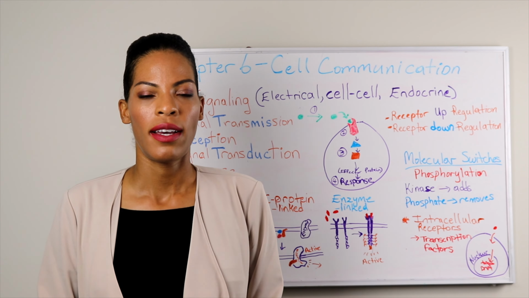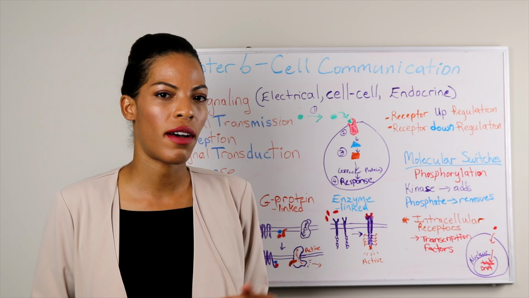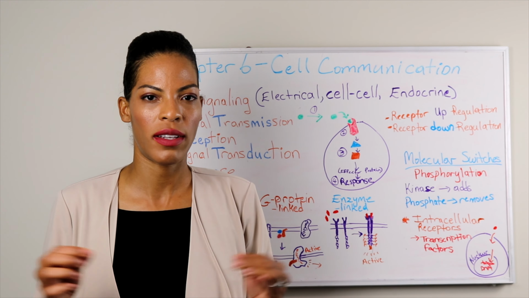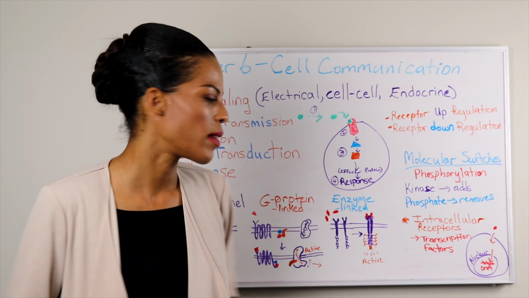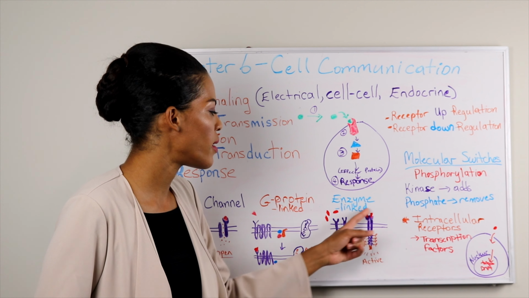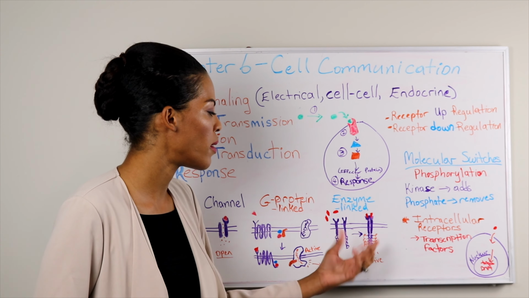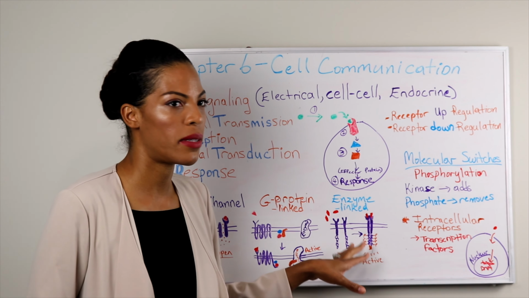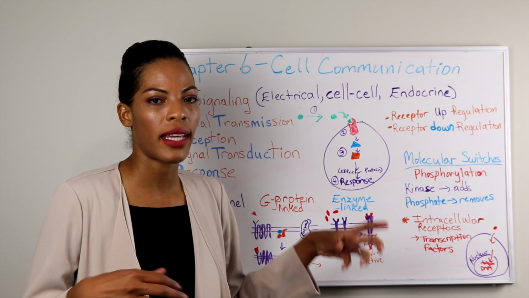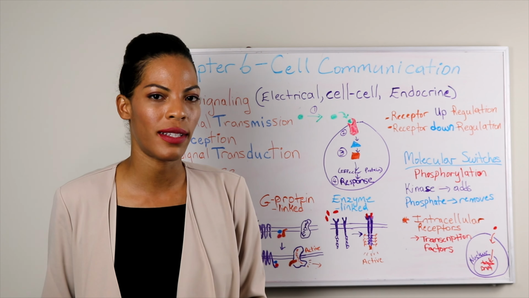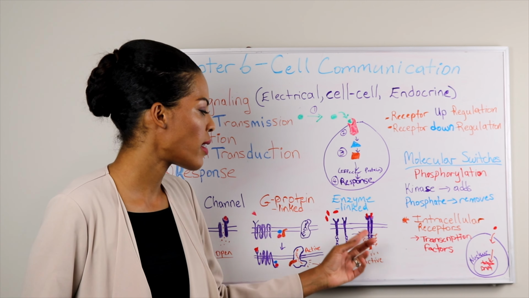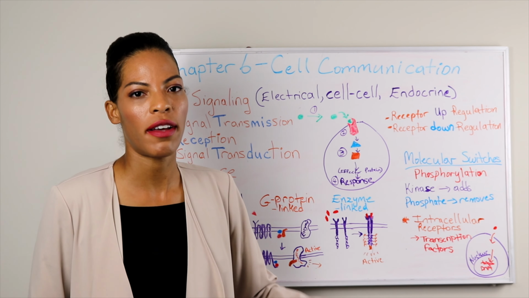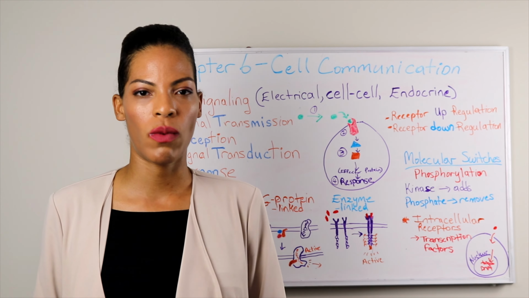And tyrosines are the types of amino acids on that protein that get the phosphate groups added to them. And now, once this entire molecule and protein is activated with the phosphates, now it becomes an active enzyme that can phosphorylate other proteins as well. So now this is active, it will phosphorylate other proteins and activate them as well.